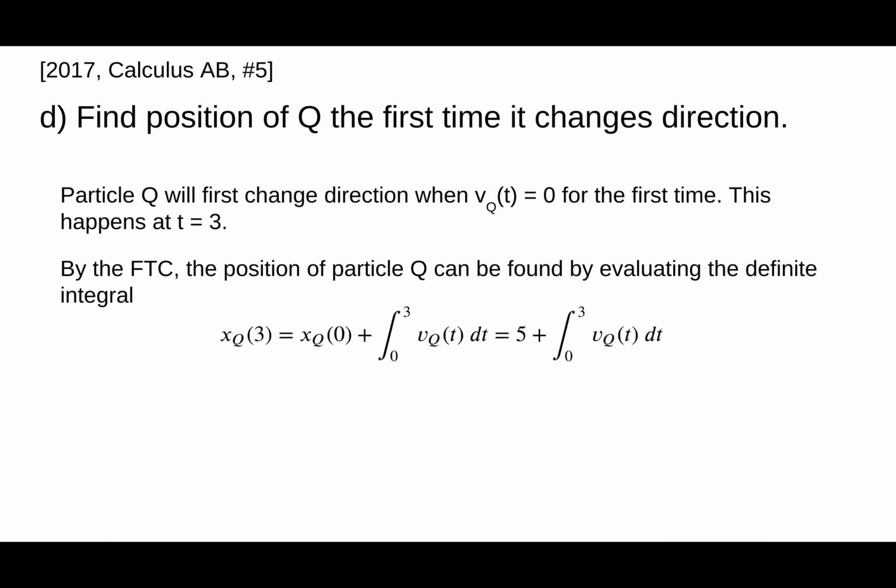All right, so xq of 3, which would be the position along the x-axis of particle q at t equals 3 seconds, would be xq of 0 plus the integral from 0 to 3 of vq of t dt. And we're given in the question stem that the position of particle q at t equals 0 is 5. So we just have to take 5 plus the definite integral from 0 to 3 of vq of t dt.